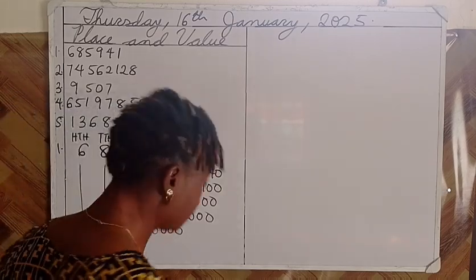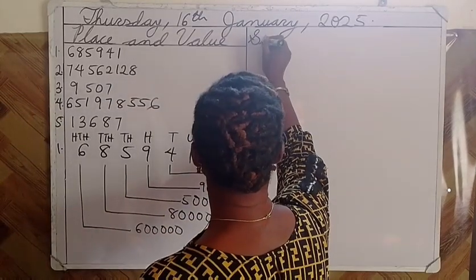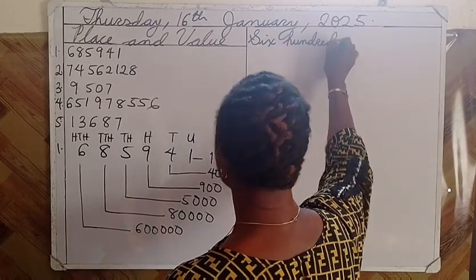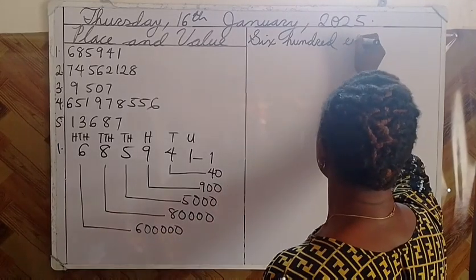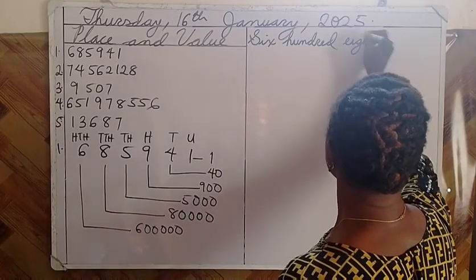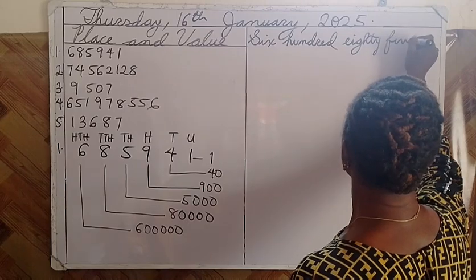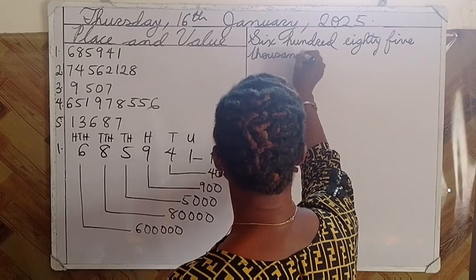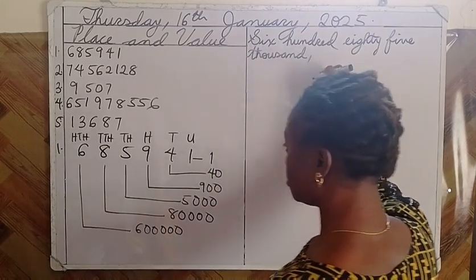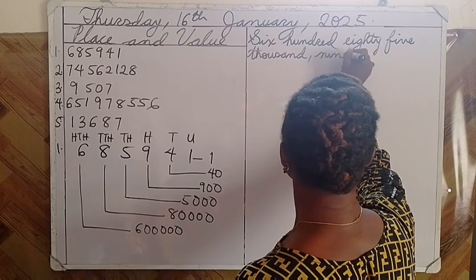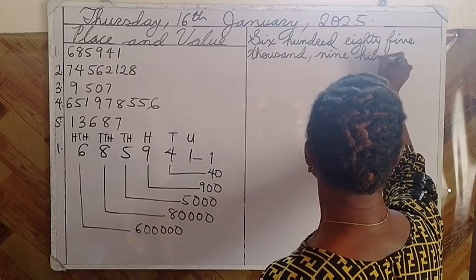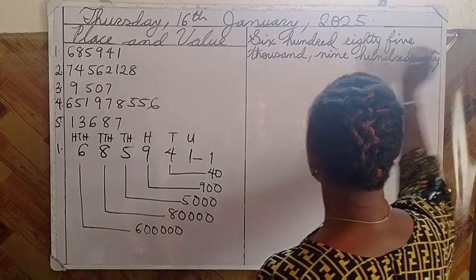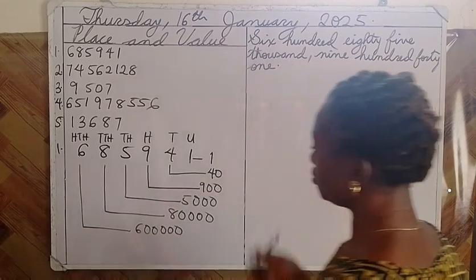So let's write it down. 685,000 941. Good.